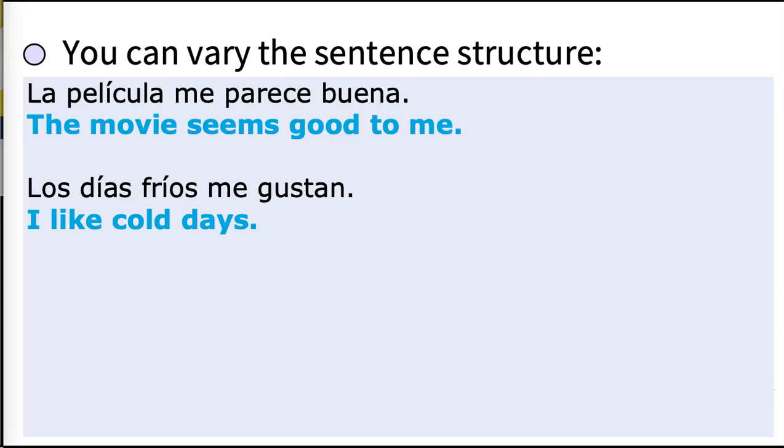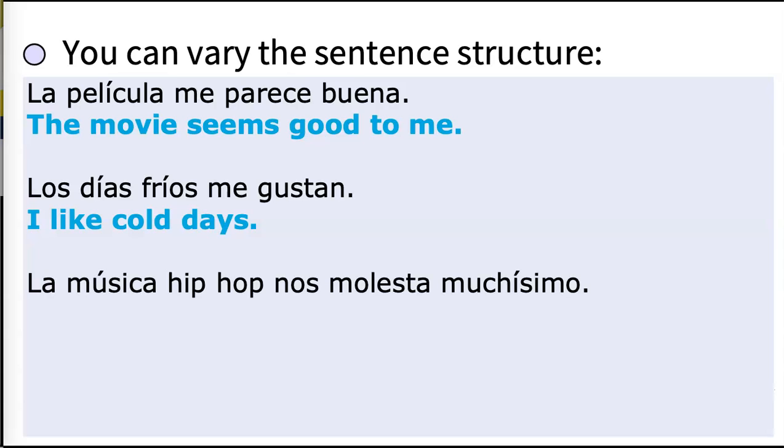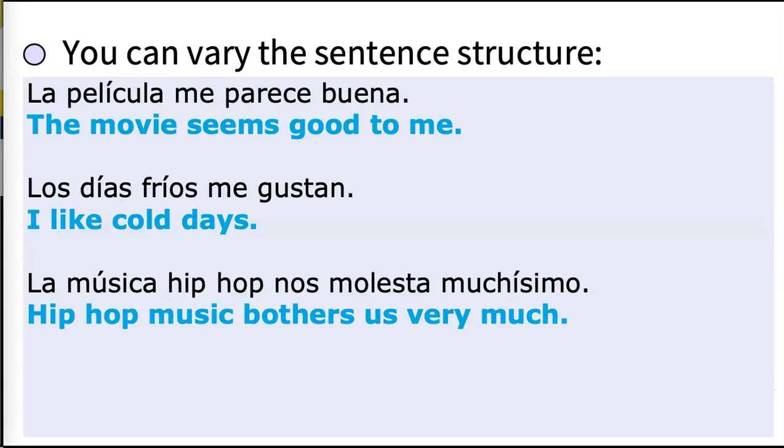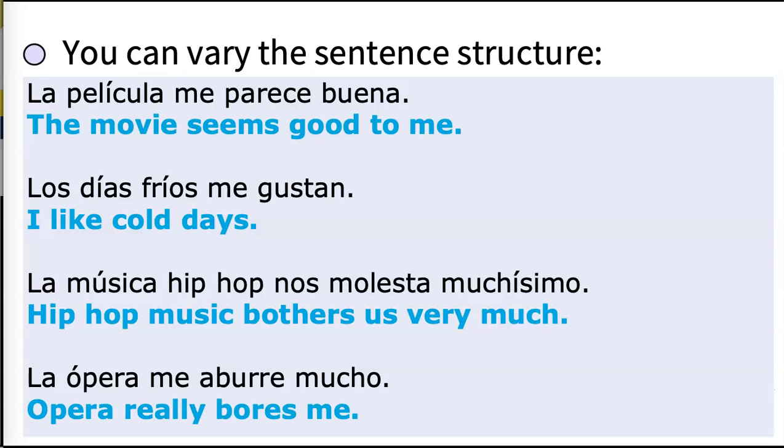I like cold days. La música hip hop nos molesta muchísimo. Hip hop music bothers us very much because we are old. La ópera me aburre mucho. Opera really bores me.